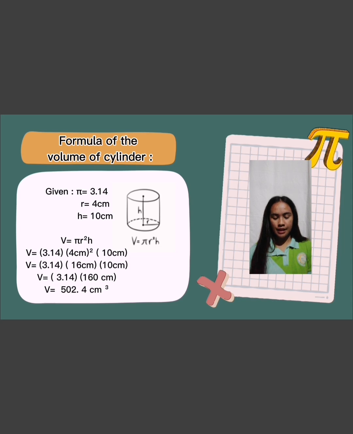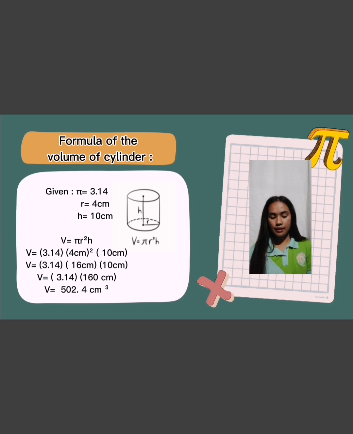let's write the 3.14, which is the pi, and the 4 centimeter, which is the radius, and then the 10 centimeter. And next step will be bring down the 3.14, and then we square the 4, 4 times 4 will be 16. So then bring down 10 centimeter.